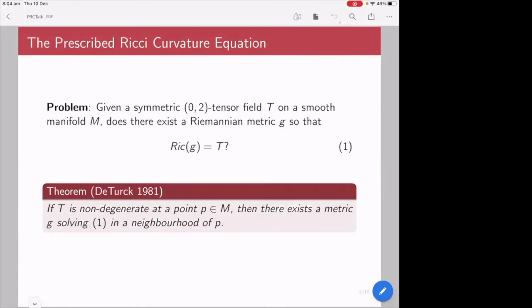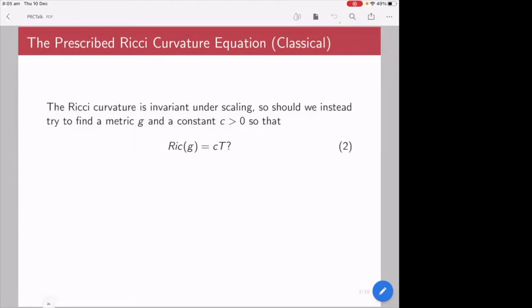But now, of course, it would be natural to go on to the problem of global existence. We encounter somewhat of a problem immediately because we observe that if you scale your Riemannian metric, the Ricci curvature is actually unchanged.